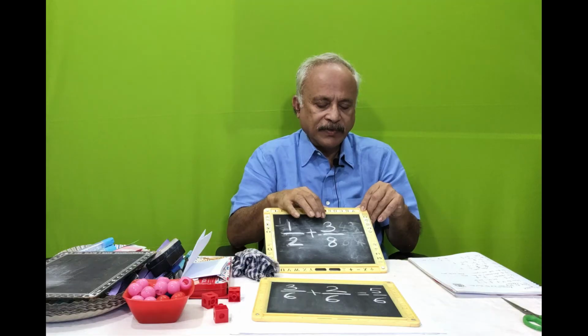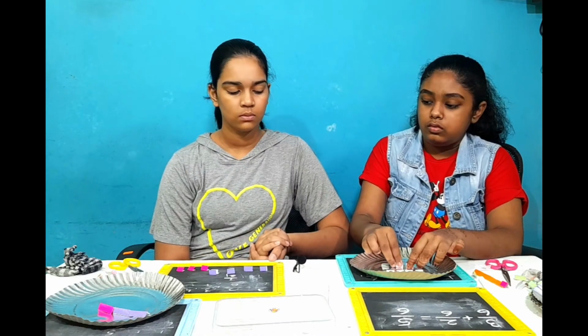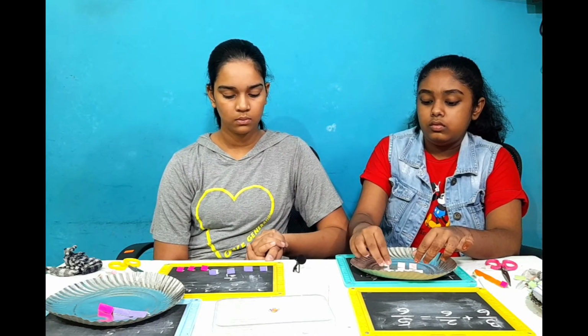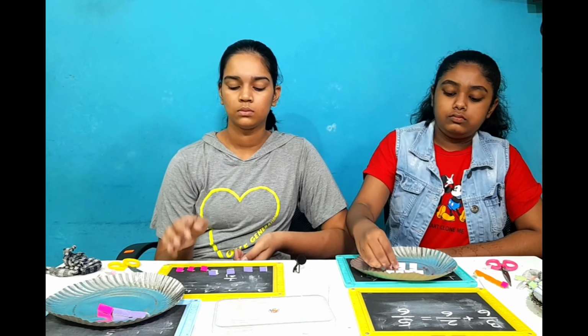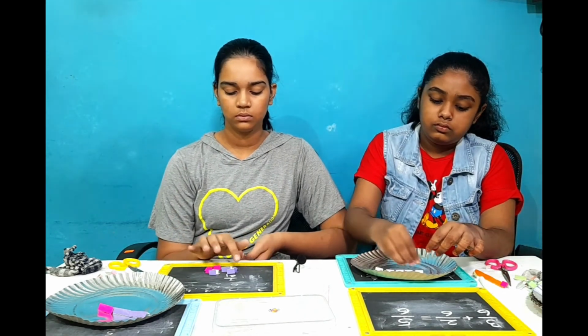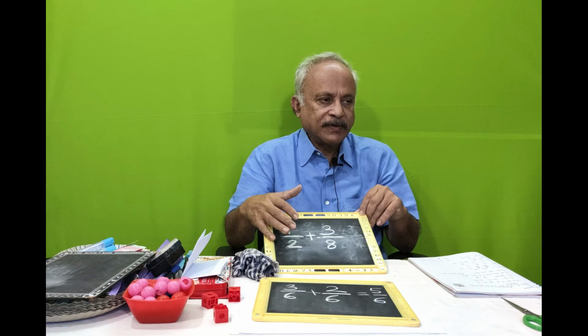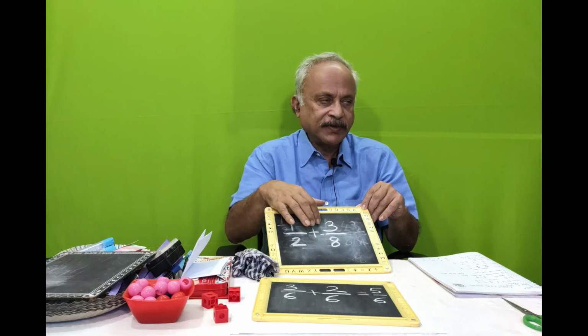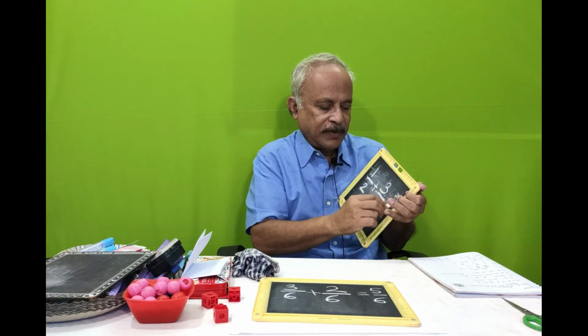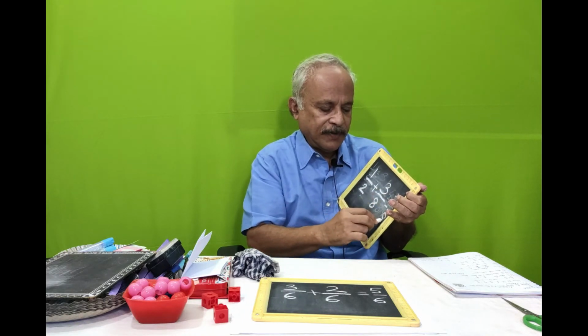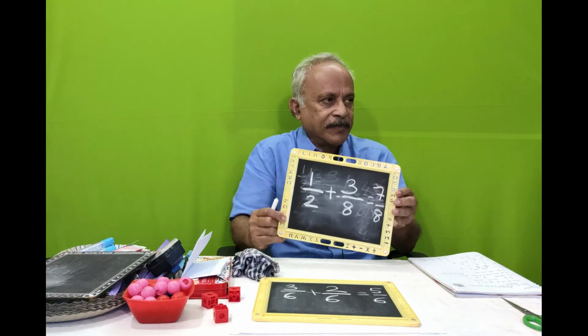Now when I add them, I put them all together. And what is the answer? What is the short form of that? 7 by 8. So 1 upon 2 plus 3 by 8 is equal to 7 by 8. Okay.